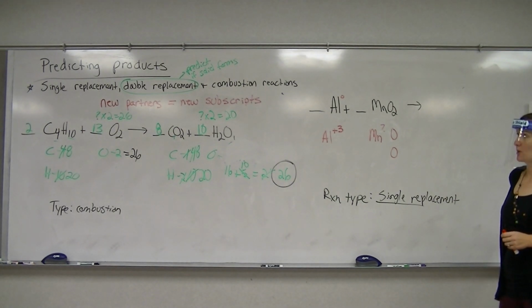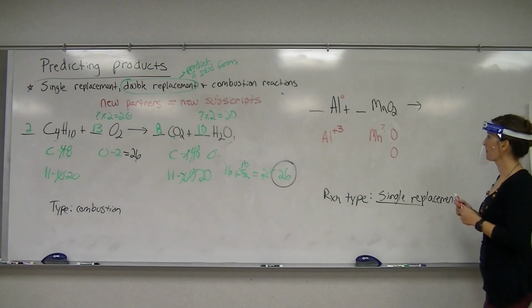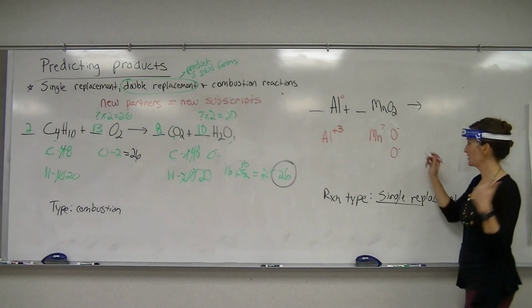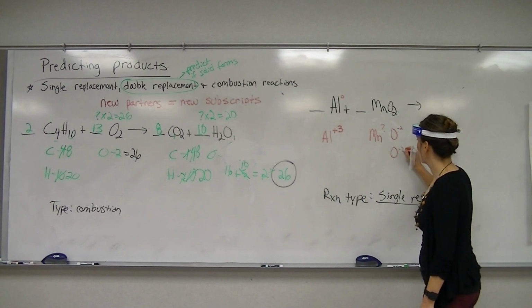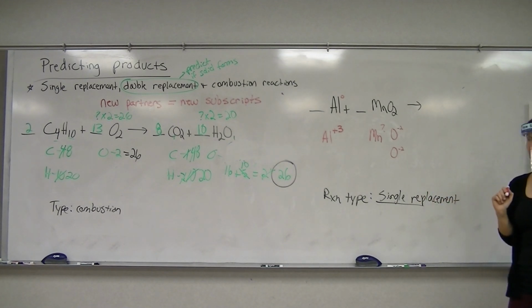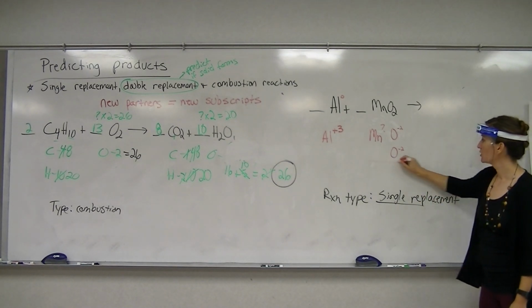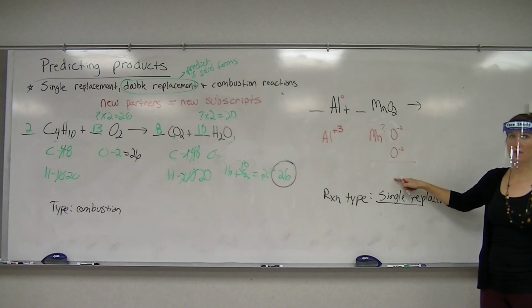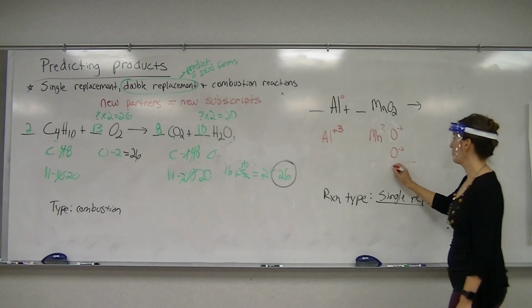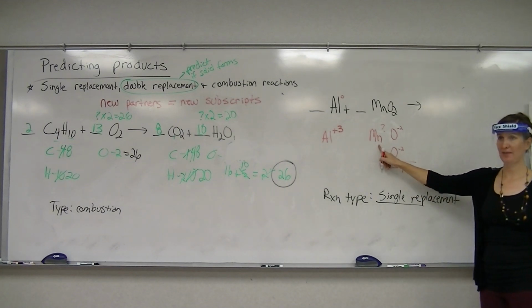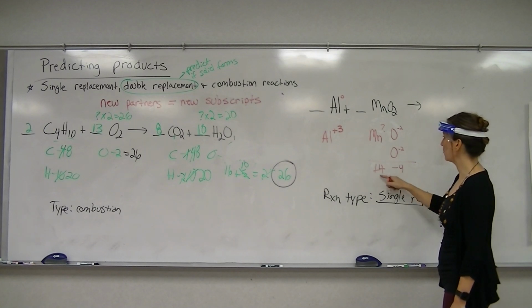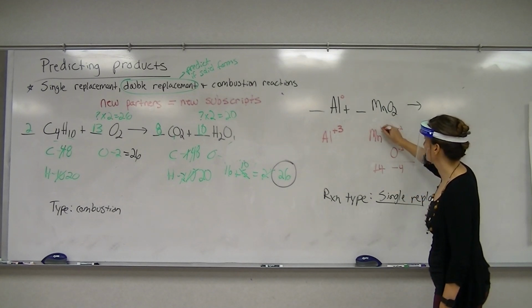So what charge or what ion does oxygen form when it's in a compound? -2, because it gains 2 electrons to get its full octet. So if each of those have a -2, what's our total on the negative side? -4. So what does manganese have to be? +4, because there's only one of them. So that entire +4 charge is going to go on manganese.